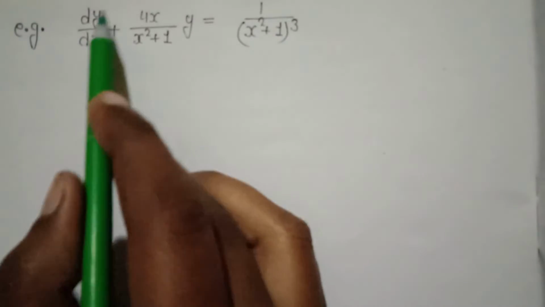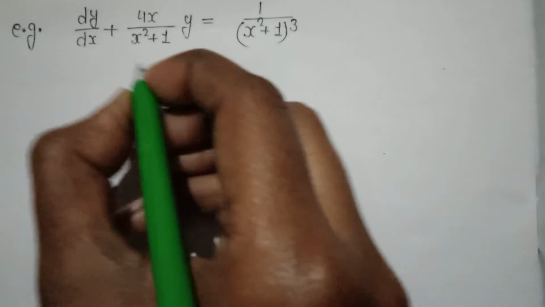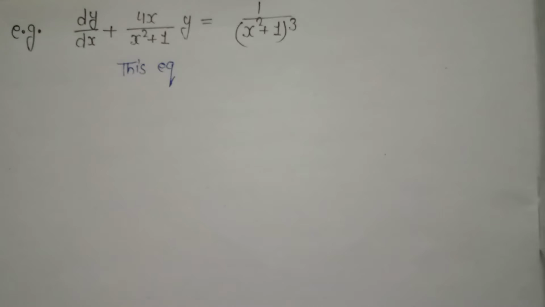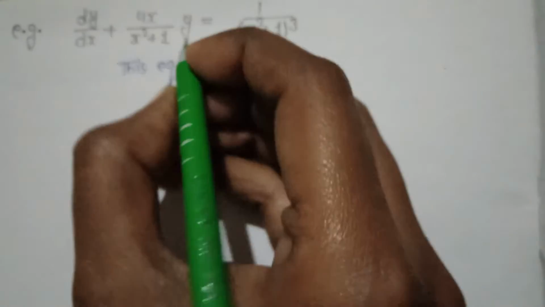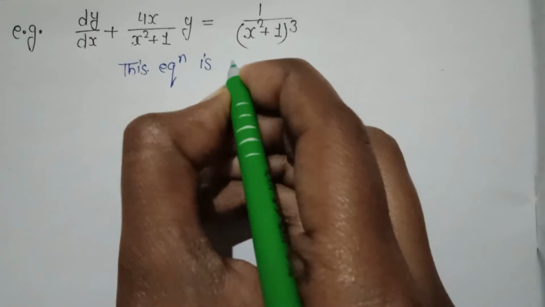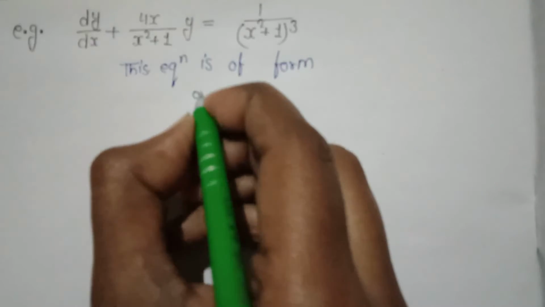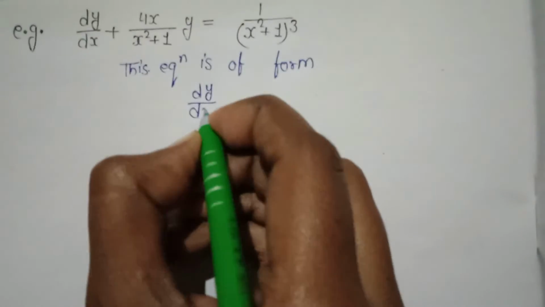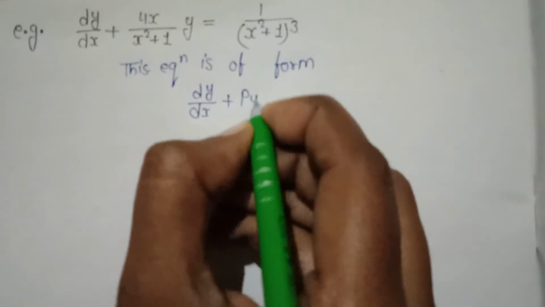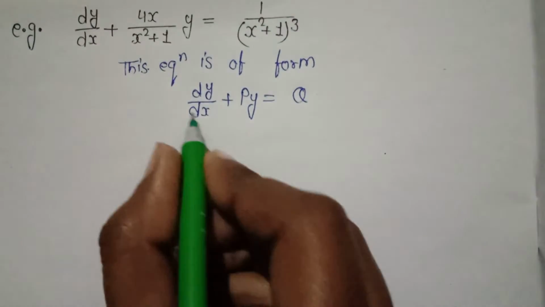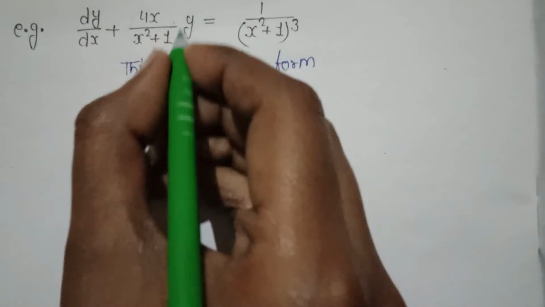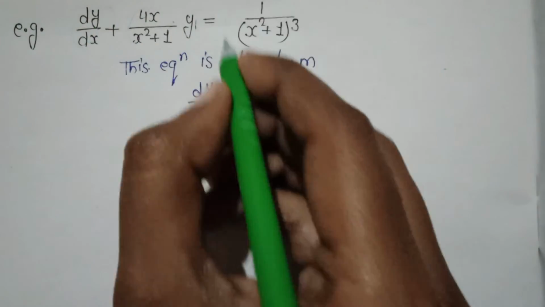This example is of the form, comparing this example with this equation, you can see this equation is of the form dy by dx plus py is equal to q. You can see here this is p, this is y, this is dy by dx and this is q.